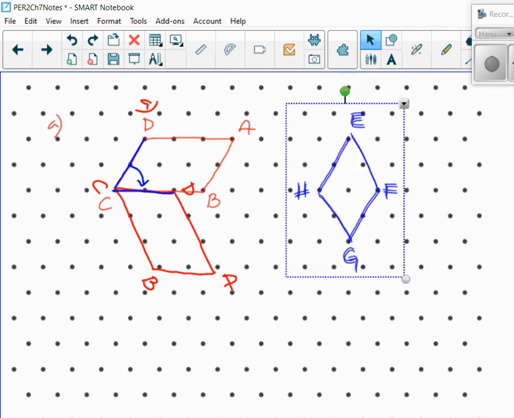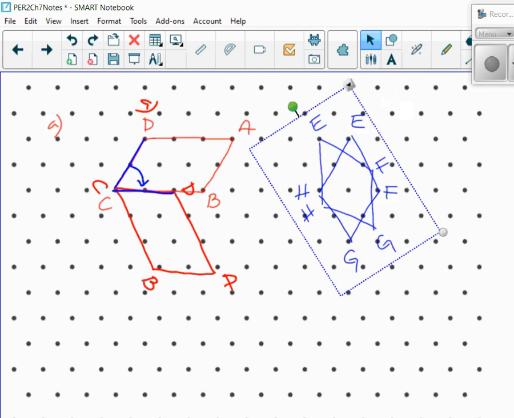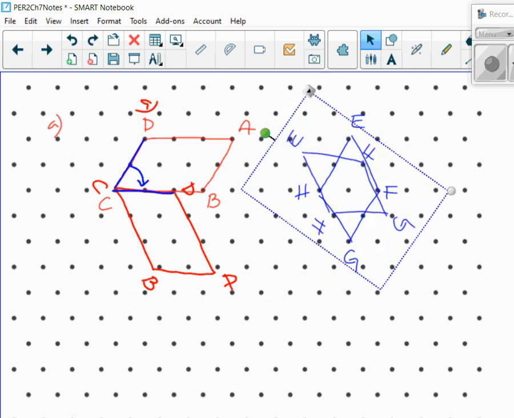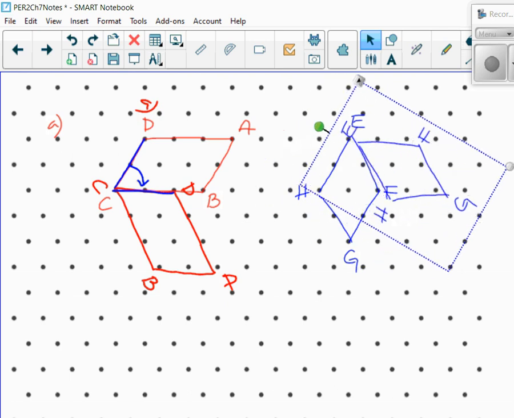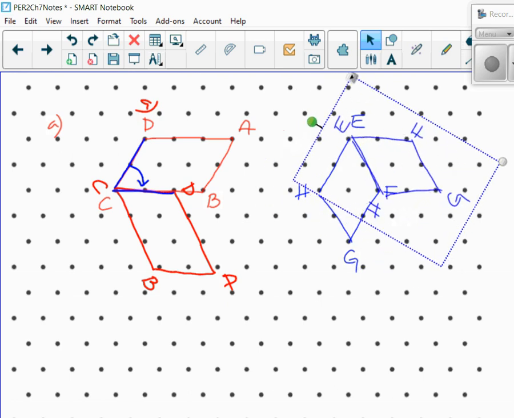So that means I'm taking it this way. So I'm going to move this over. You can see that this is my F. So this was that side.